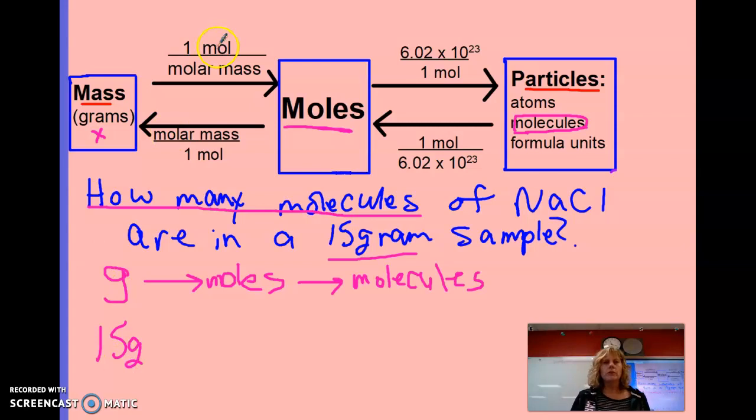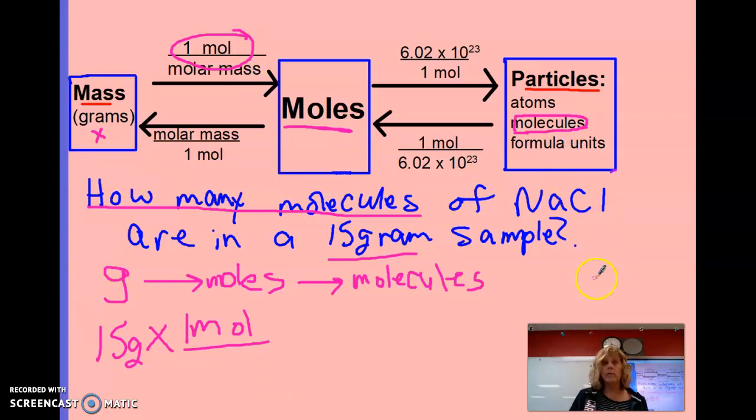My first conversion factor, because I'm following this arrow, is 1 mole over the molar mass. So 1 mole is going to go on top. I'm trying to get to moles first, but I want you to do this as one consecutive problem.